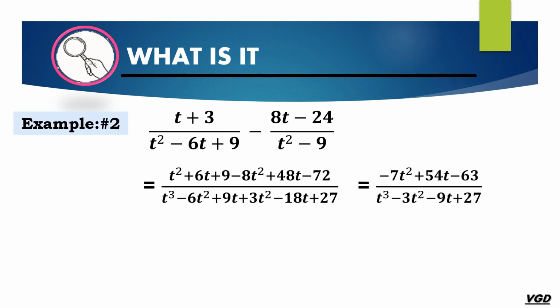So let's evaluate. We just copied t cubed since there is no other common term in the denominator, and evaluate negative 6t squared plus 3t squared is equal to negative 3t squared. We also have 9t minus 18t, and we got here negative 9t, and copy the constant 27.